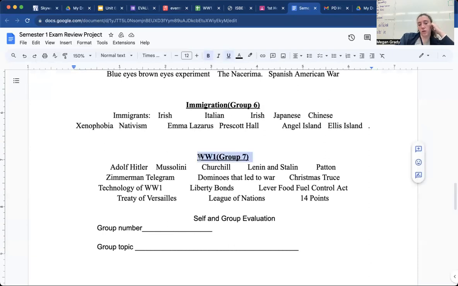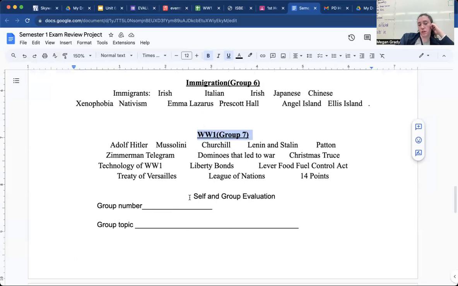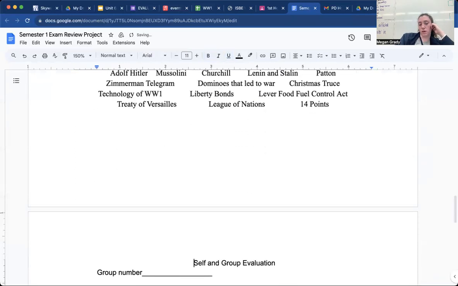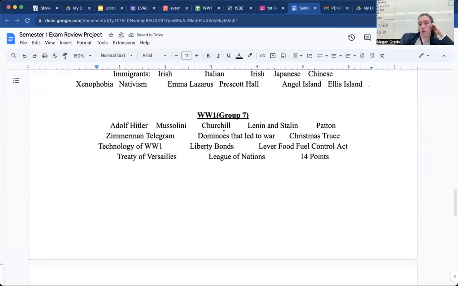And World War I, group 7, the final group, is talking about Hitler, Mussolini, Churchill, Lenin and Stalin, Patton, the Zimmerman telegram, anybody or anything on this list, right? All the things that we talked about.